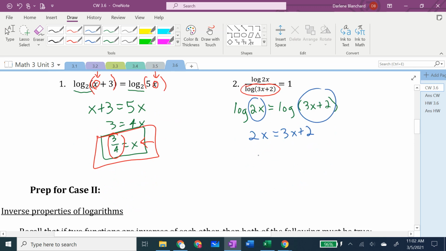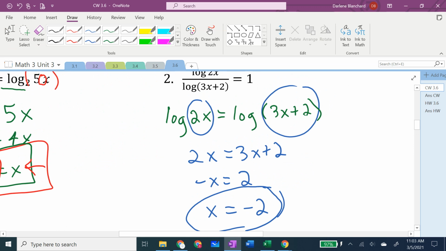And then if I subtract 3x over to the left, and then divide by -1, I get x equals -2. But I have to check my original logarithms. I need to make sure that I am only getting positive numbers to go in.